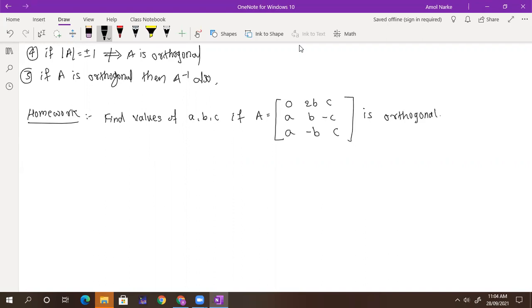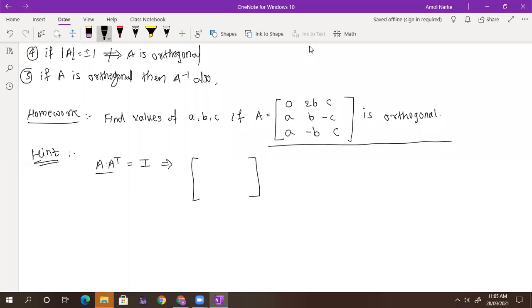Tell me now, how can one solve this? Sir, first find the A transpose, and then it's orthogonal, no? Yeah, they have given that this matrix is orthogonal. So then we can put A multiplied by A transpose is equal to the identity matrix. Absolutely. Once you apply this, you will get some matrix after doing that multiplication, and you compare that matrix with an identity matrix.